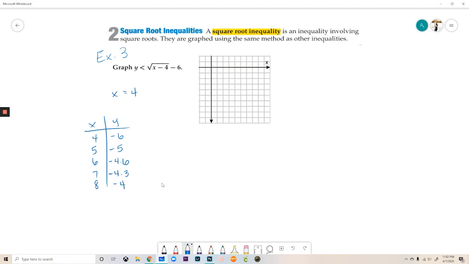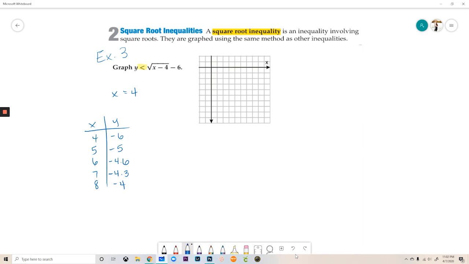So I'm going to put my points on here. I am going to start with the point 4, negative 6. Now here's the thing. We don't have an equal sign here, and I shouldn't underline it because that does mean something different. We don't have an equal sign here, so it's not including these points that I just put.